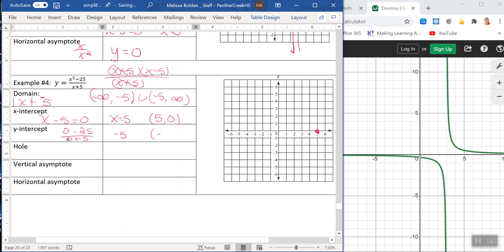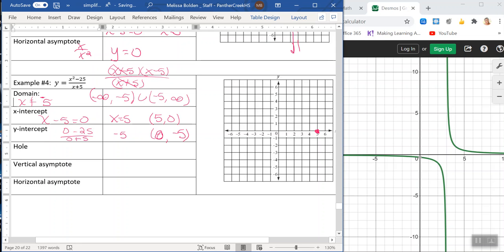The y-intercept here is also negative 5, because when that cancels out, I put in 0 for x, and I get negative 5, so that is 0, negative 5. Sorry, had a little brain fart there.